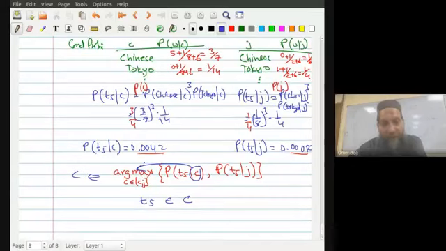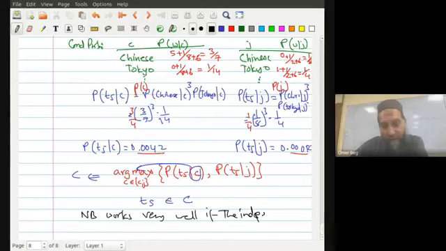And it generally works very well when the independence assumption holds. So naive Bayes works very well if the independence condition holds.